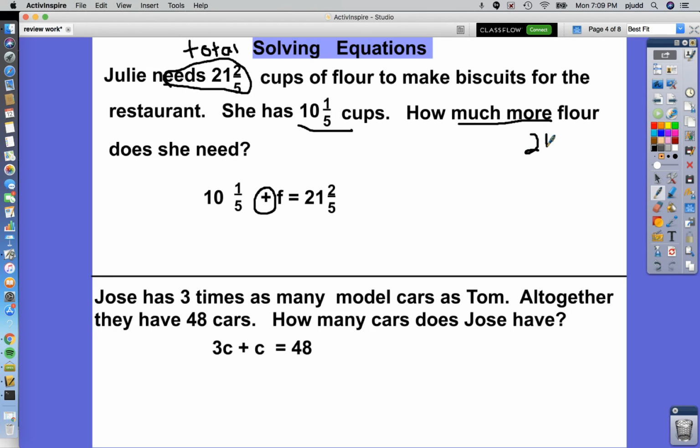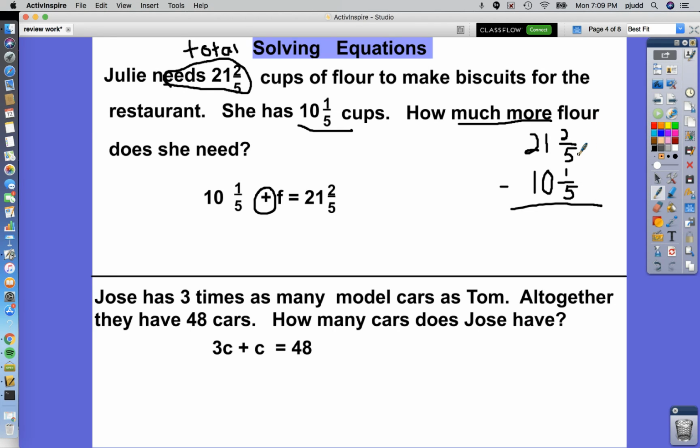So if I take 21 and 2/5 and I subtract 10 and 1/5, that should give me my needed amount here.